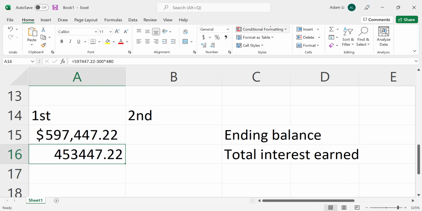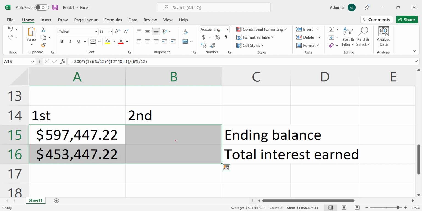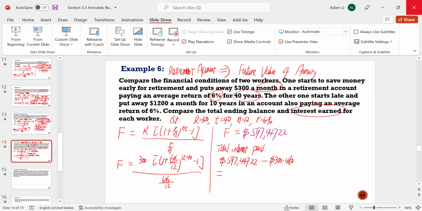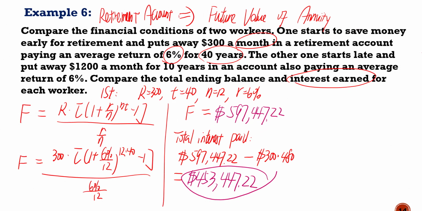This must be $453,447.22. Okay, so this is the total interest earned for the first worker.